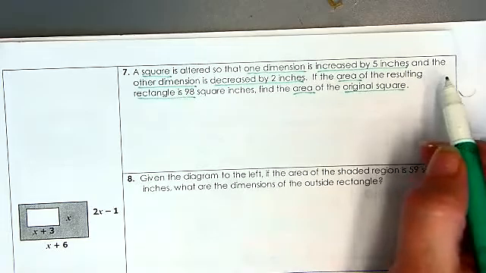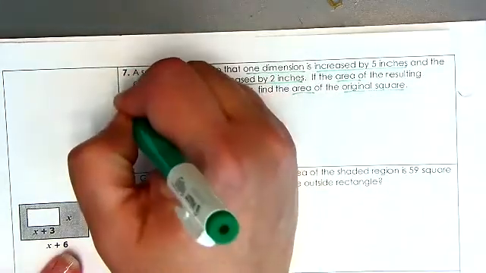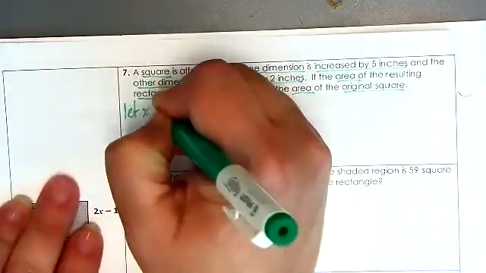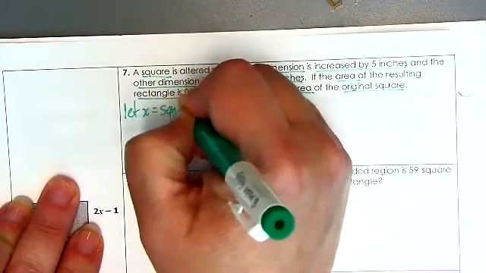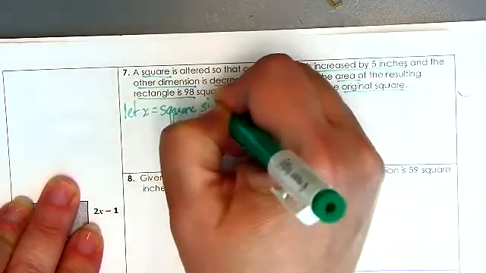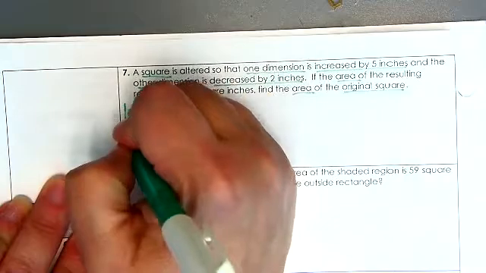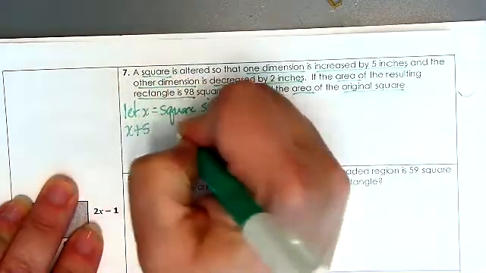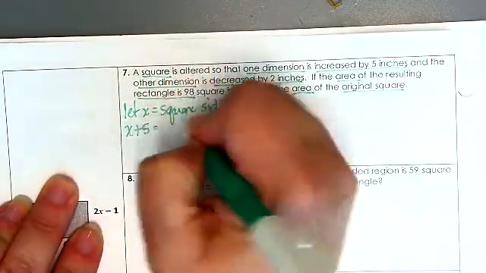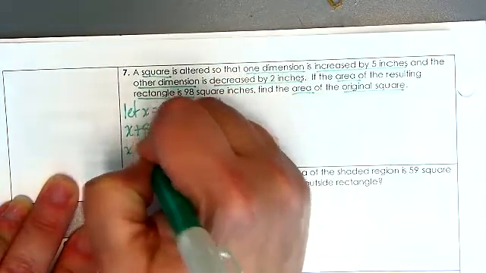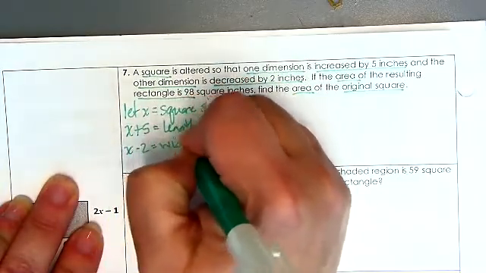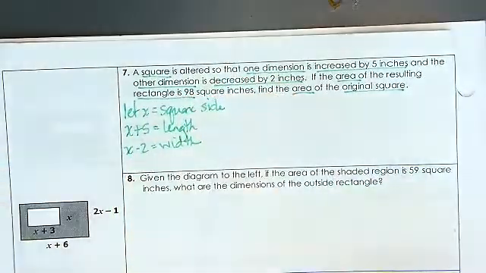So we've got several parts going on here. The first thing I'm going to do is let x equal the square side. Then x plus 5 is the length, and x minus 2 is the width, which are the sides of the rectangle.